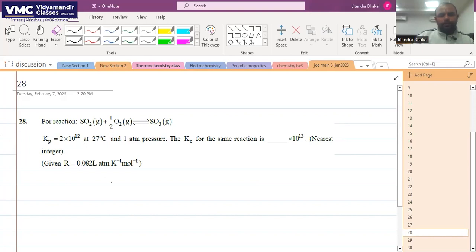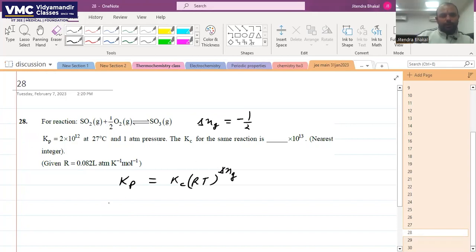There is a relation between Kp and Kc: Kp equals Kc into RT raised to the power delta Ng, the change in moles of gas in the reaction. Here delta Ng is minus 1 by 2, because on the product side there is 1 mole of gas and on the reactant side there are 1.5 moles of gas.